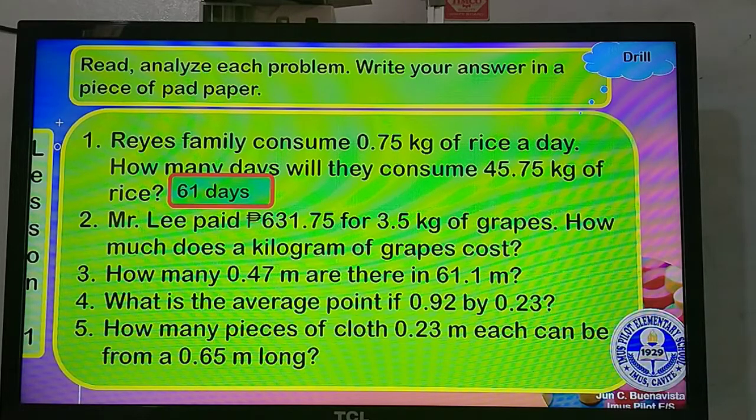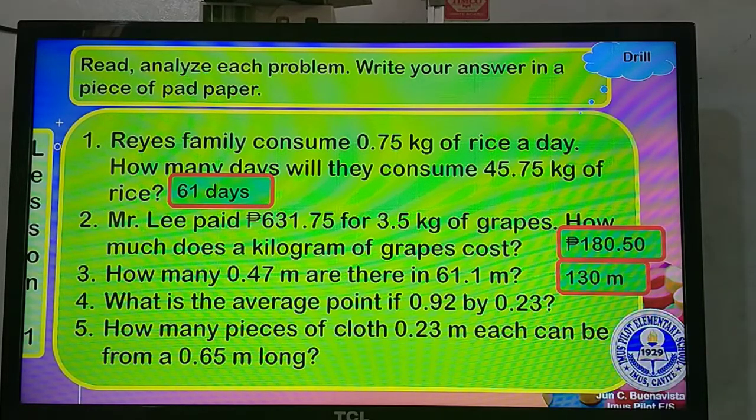So the answer is 180 pesos and 50 centavos. That is the cost of 1 kilo of grapes. For number 3, how many 4.500 meters are there in 61 and 1/10 meters? So the answer is 130 meters.